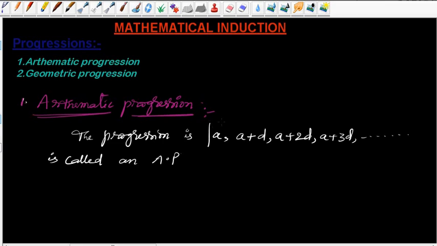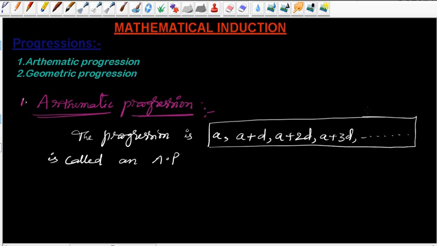Here the first term is A, denoted by T1, so T1 is always A. Next, D is called the common difference.